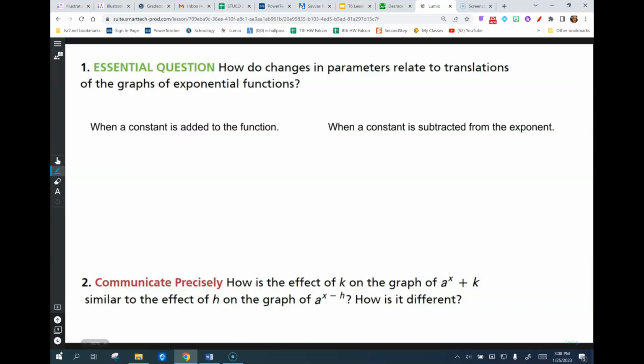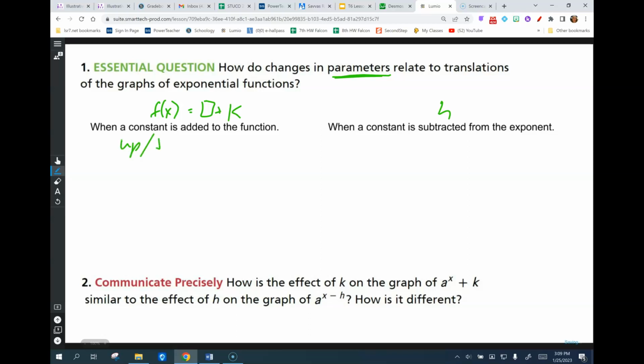So the essential question: how do changes in parameters relate to the translations of the graph of the exponential functions? What they mean by parameters, this is k and this is h. So when a constant is added to the function, f of x is equal to whatever plus k or minus k, then it's going to shift it up and down.